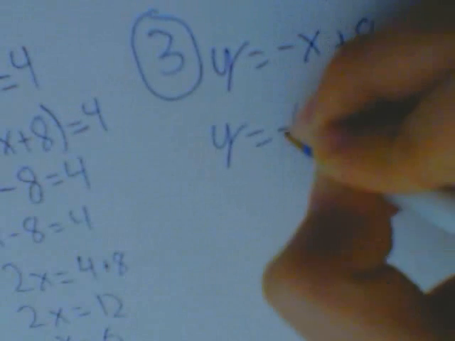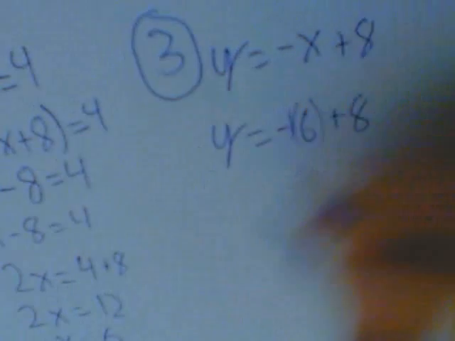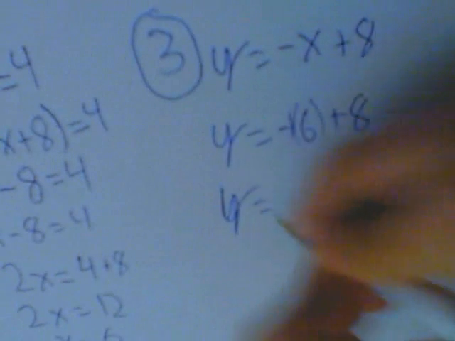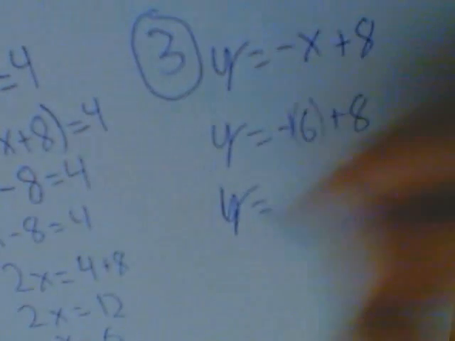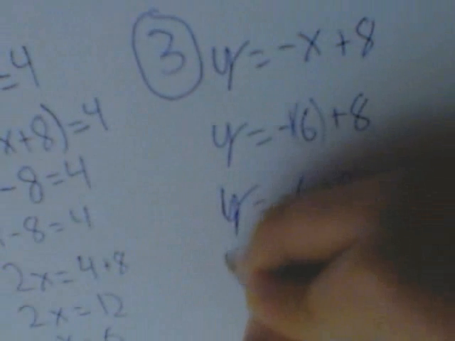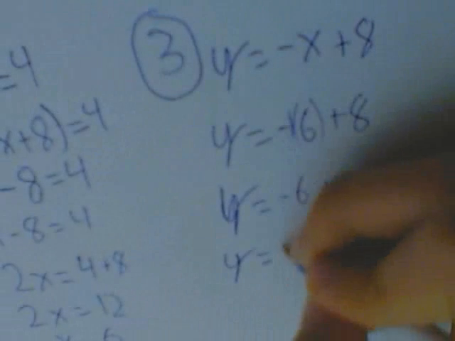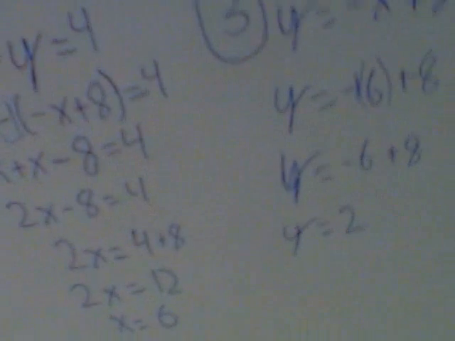So there'll be a bracket here. Pretend there's a negative 1. So it'll be y equals negative 1 multiplied by 6 would be negative 6 plus 8. So just do the addition, and y equals positive 2.